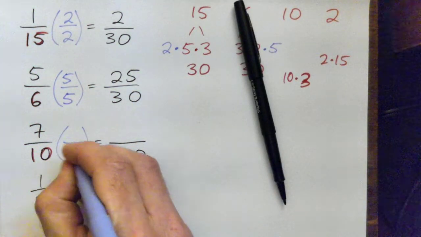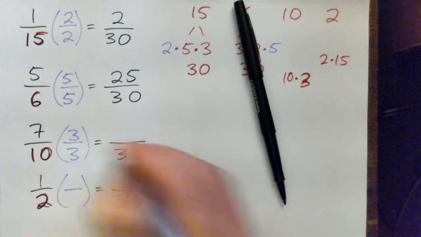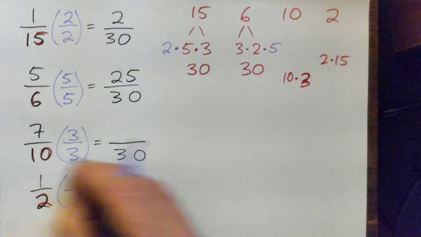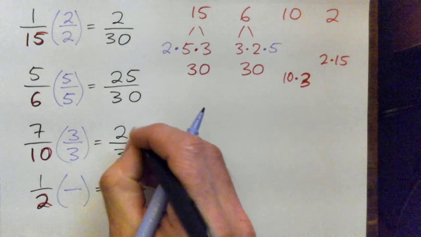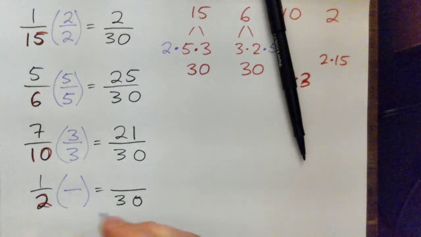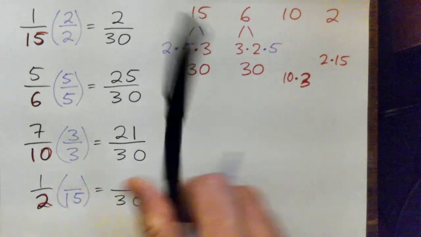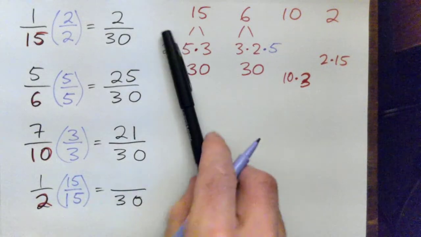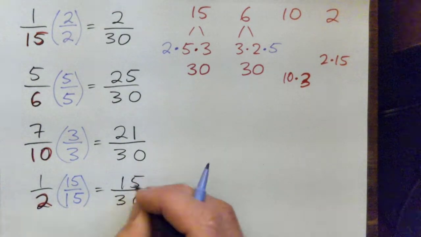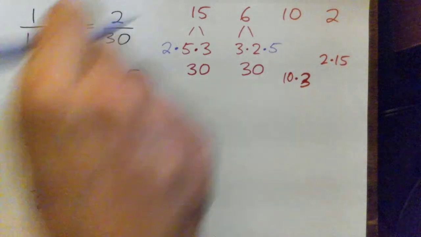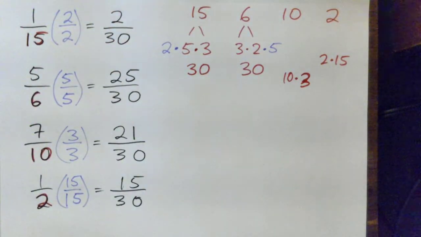This one, 10 times 3 is 30, and multiply the top as well: 7 times 3, 21/30ths. And then here I go 2 times 15 is 30, and multiply the top by 15 also to get 1 times 15. So this 1/2 is the same thing as 15/30ths. You okay with that?